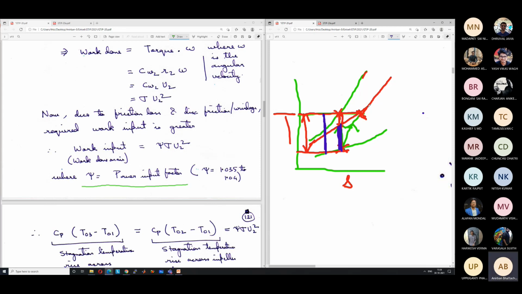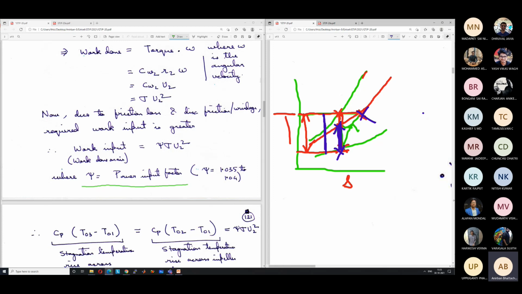That is how we define it, right? T02S minus T01 by T02 minus T01. This is the T02S point, this is the T02 point, and this is the T01 point. Anyway, this will be clear from our problems, but this should be very clear to you, otherwise you won't be able to relate.